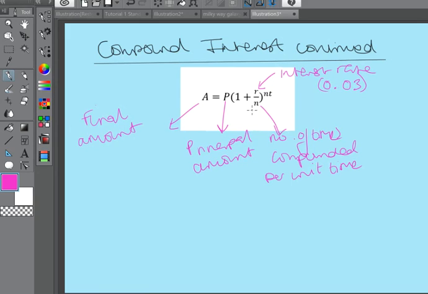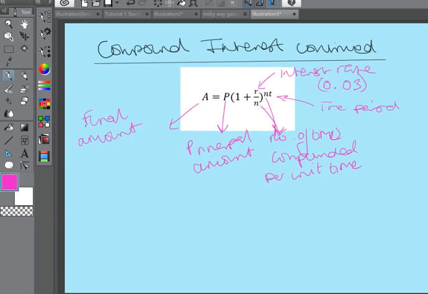So that would be a number 2 would go here underneath the interest rate. And that's exactly the same number that would go there for this N. They are the same number. And T is our time period. And again, that can be anything: weeks, days, months, years. Depends what it's asking us.